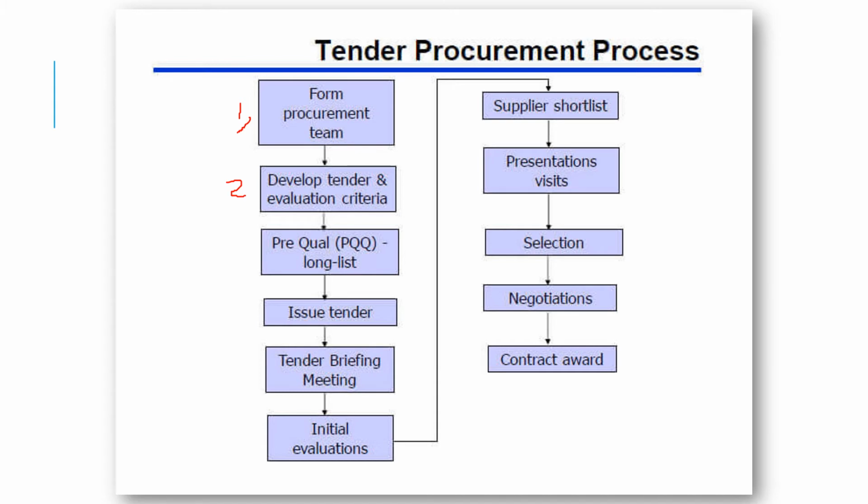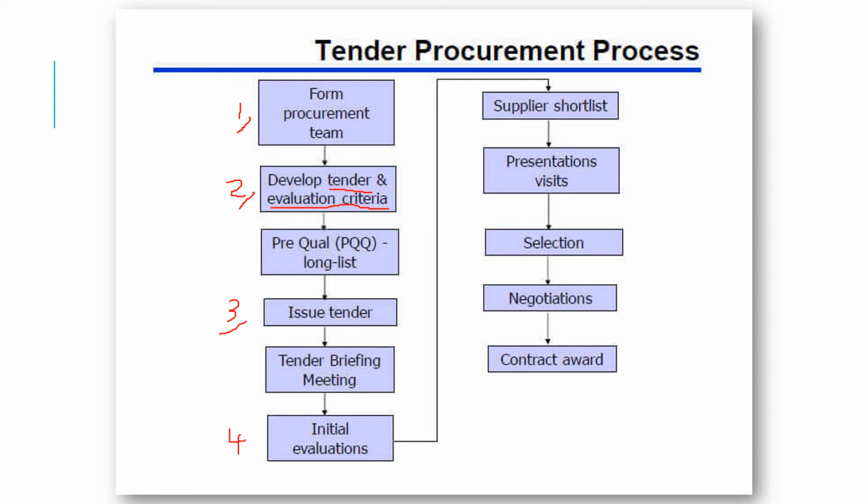Step 2, they will then develop what's known as the tender document, specifying exactly what service or good we want, and also the evaluation criteria, how we're going to decide which is the best private firm. They will then issue this maybe over their website or in a particular industry magazine.